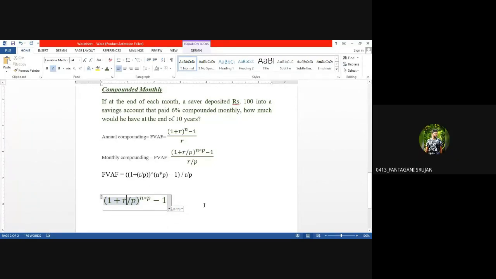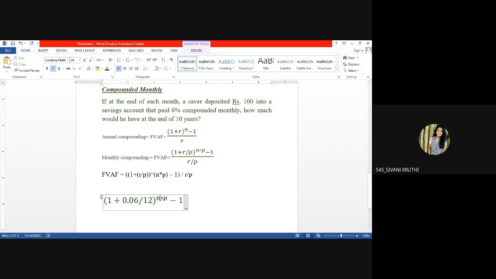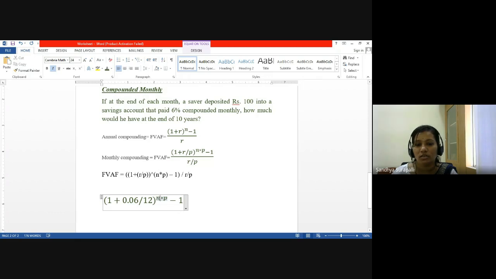Interest rate. 6%, ma'am. 6%. I am writing in decimals. And N here is 10 years, and because it is monthly, we will multiply it with 12.